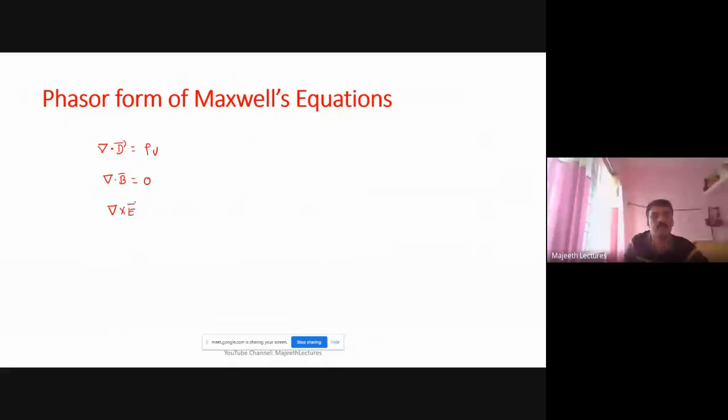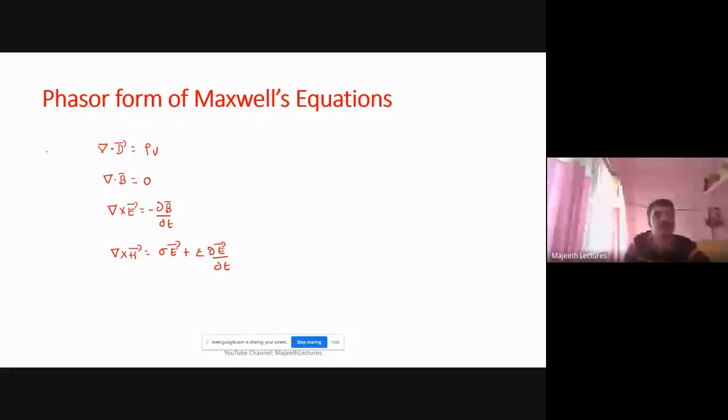Del cross E is equal to minus dou B by dou T. Del cross H is equal to sigma E plus epsilon dou E by dou T.